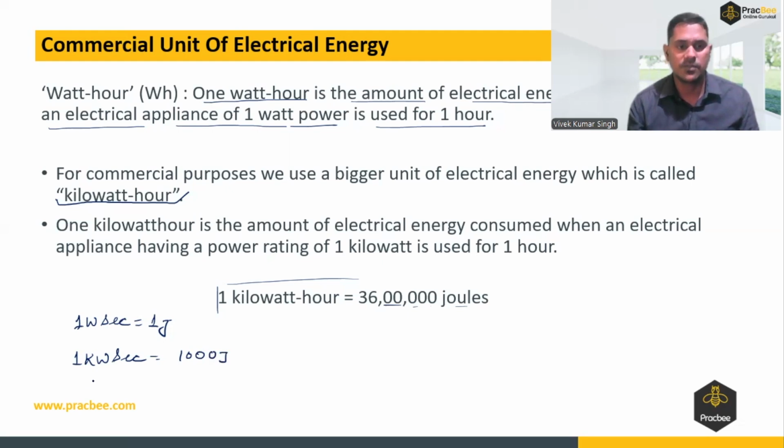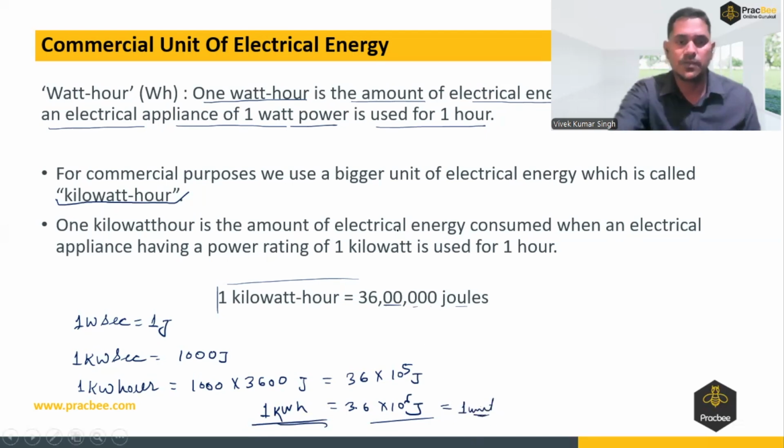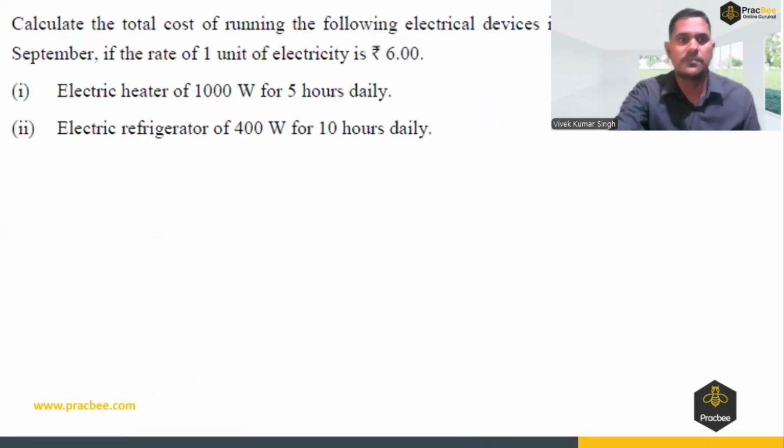Just multiply by 3600 on both sides, and 1 kilowatt hour is 1000 multiplied by 3600 joules. That is 36 multiplied by 10 raised to the power 5, that is 3.6 into 10 raised to the power 6 joules. So this is equal to 1 kilowatt hour, and this 1 kilowatt hour is called 1 unit of your electricity bill. That is why the kilowatt hour is taken as the commercial unit.